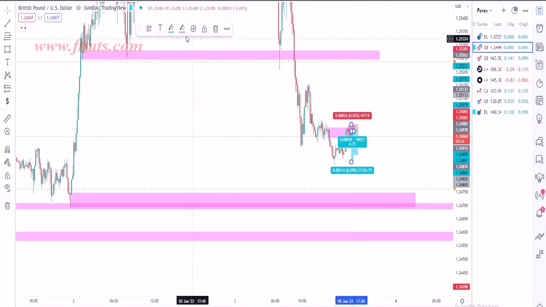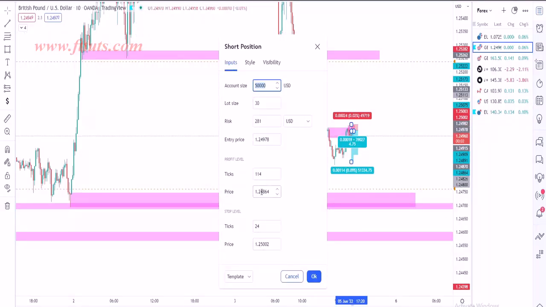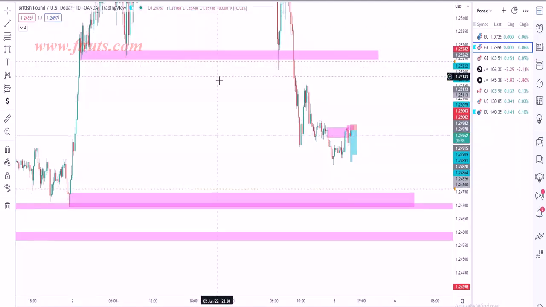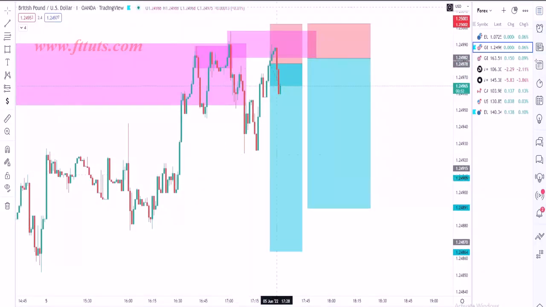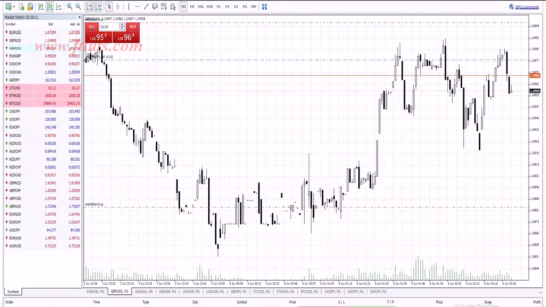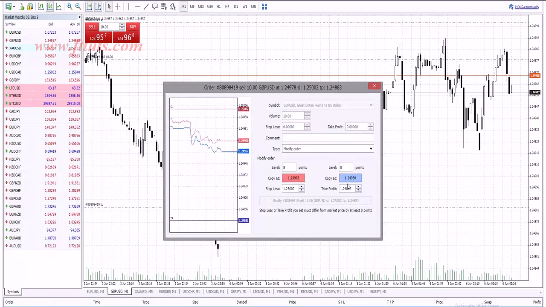So maybe we could lengthen out the profit target on that a little bit. Let's modify that profit target just a little bit.